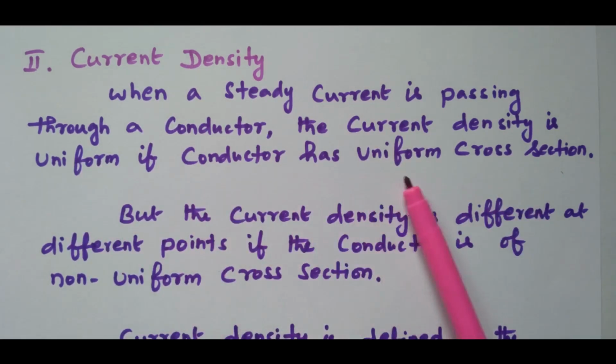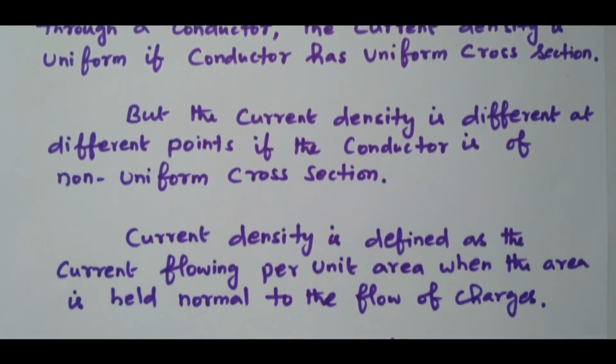If the conductor cross section is not uniform, the current density also is not uniform and will differ from point to point. Based on that, we can define current density.